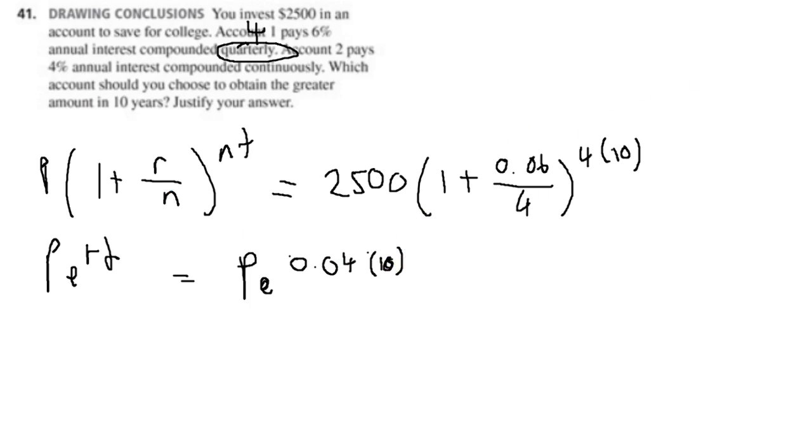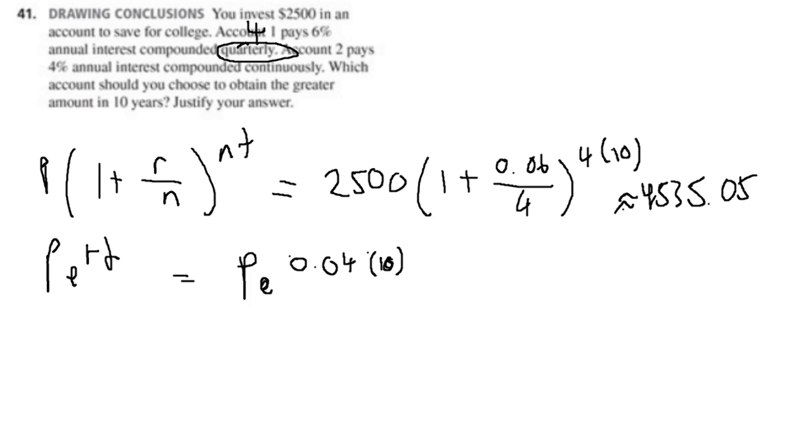So let's see which one's better. Okay, so we're going to work out this first one first. 2,500 times 1.015 to the power of 40 will give you 4,535.05, right?